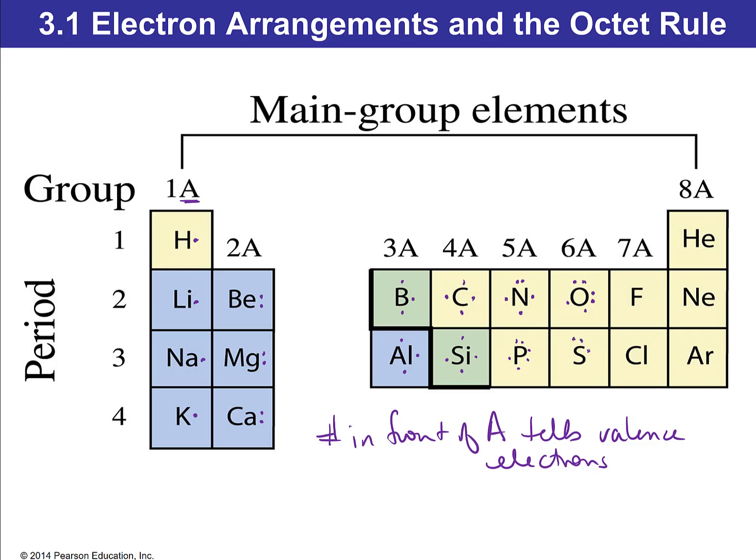Same thing with sulfur. Fluorine and chlorine, though, have 7. So you're going to pair off 2 and 2, 2 and 2. There's only 1 single electron on one of the sides. Everything else is already paired.